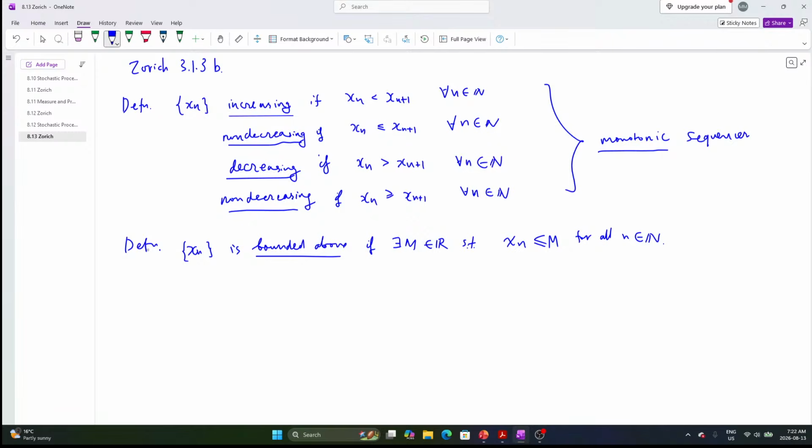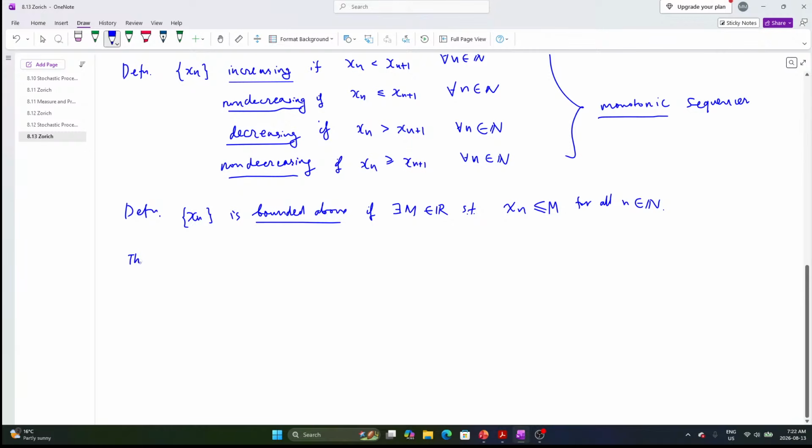Okay, so next up, this is the main theorem. This is actually due to Weierstrass. I didn't know that. I figured Cauchy must have known this, but apparently it's due to Weierstrass.